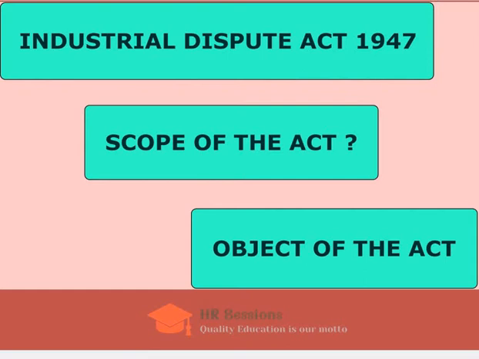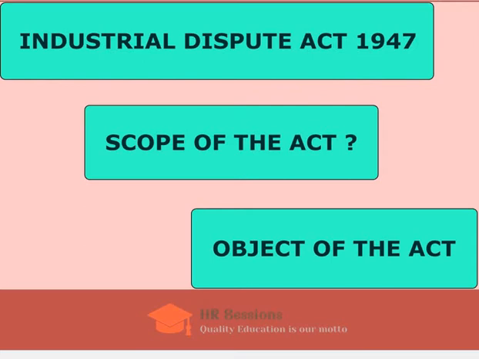The scope of the Industrial Dispute Act 1947 is to promote measures for securing and preserving amity and good relationship between the employer and the employee. The objective is to reduce differences and settle disputes between the employer and the employee, letting both be on the same platform to contribute their best efforts towards the organization.